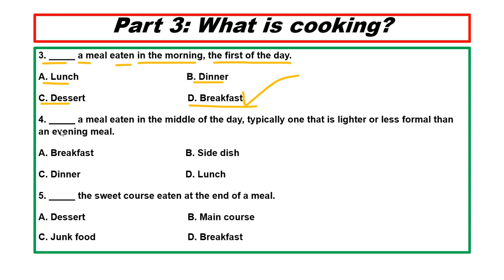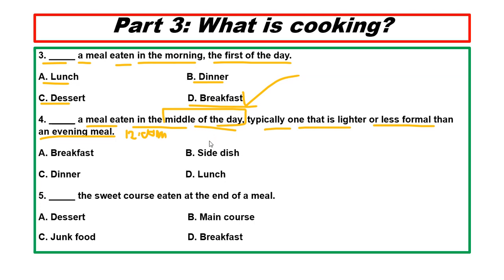Very good. Number 4, blank, a meal eaten in the middle of the day, typically one that is lighter or less formal than an evening meal. What is the clue here, teacher? The middle of the day, which is around 12 noon.